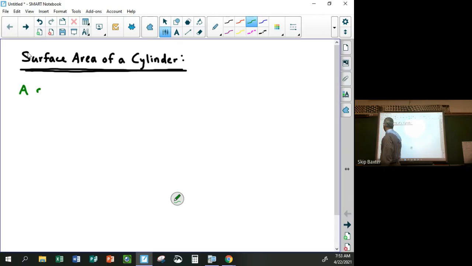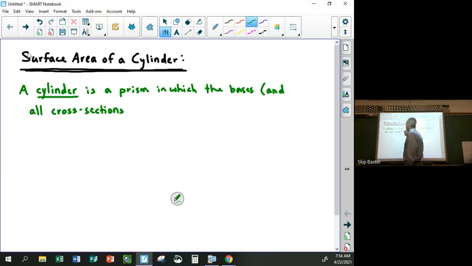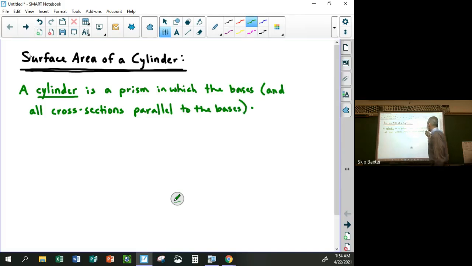A cylinder is a prism in which the bases and all cross sections parallel to it are circles.